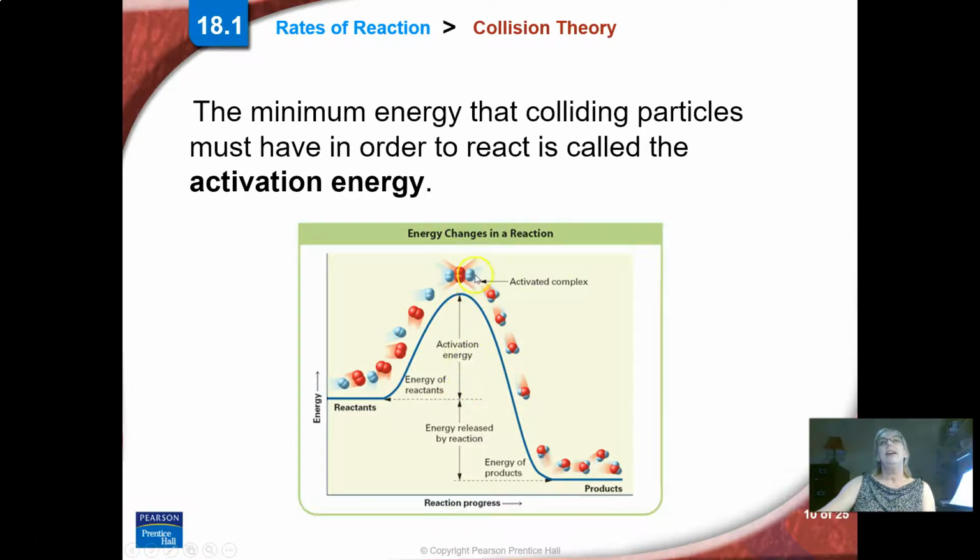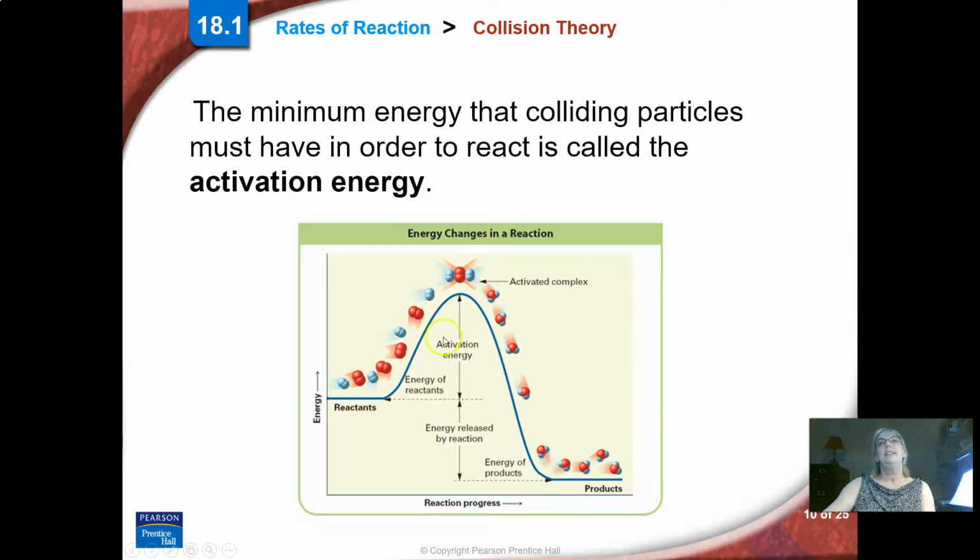If these guys have enough energy at the top here in their activated complex, then this can all work out, and then they're going to break into pieces into the water that they were forming into products. So the products have less energy than the reactants. When you release energy like this, it is an exothermic reaction that we're showing you.